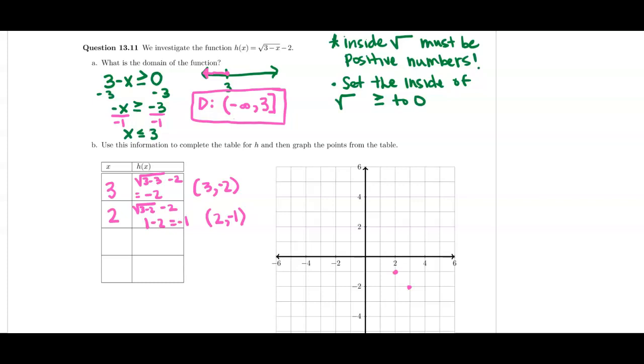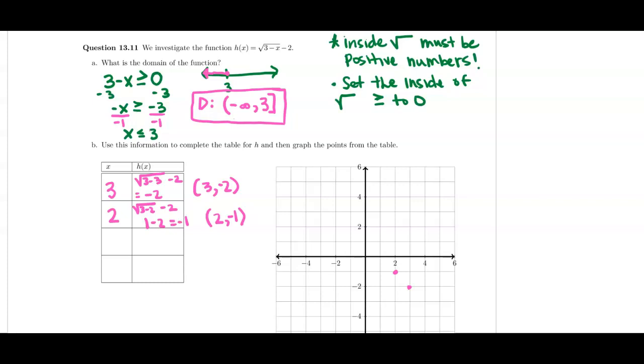Okay, now let's keep going. How about, would 1 be a good one to pick? I'm trying to help you pick good numbers for this. Well, 3 minus 1 is going to give you 2, and the square root of 2 is not a whole number answer. So we want to pick numbers so that there are perfect squares inside there.